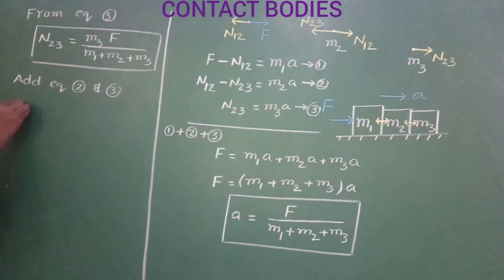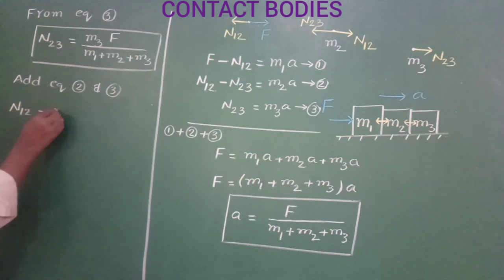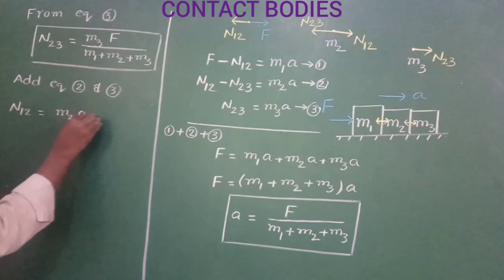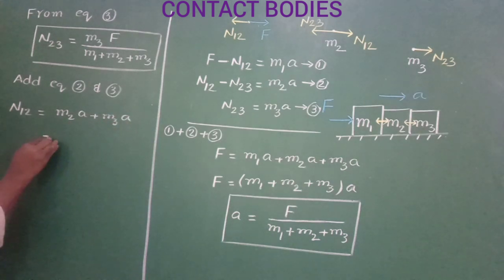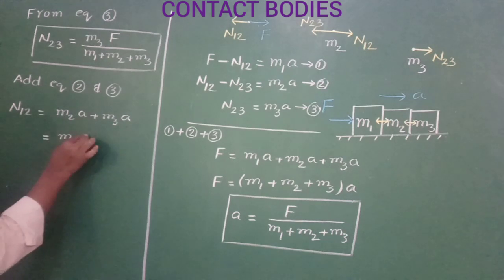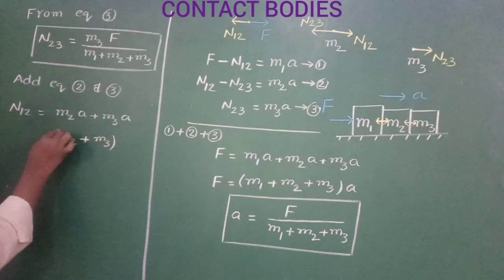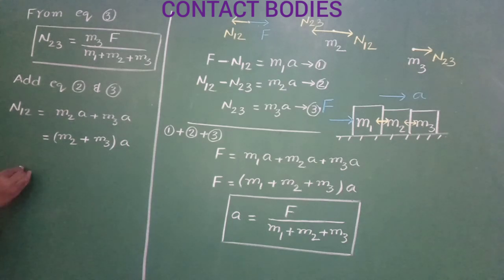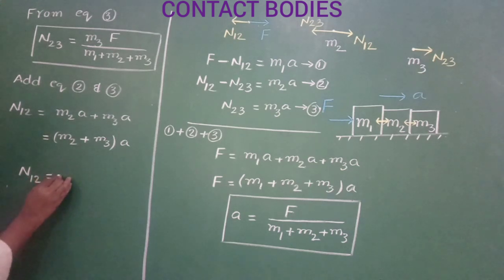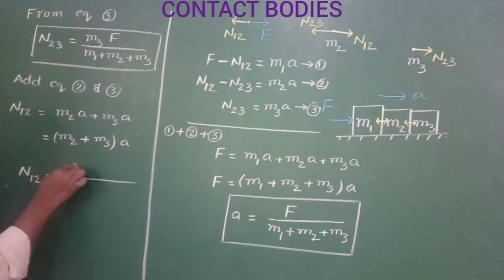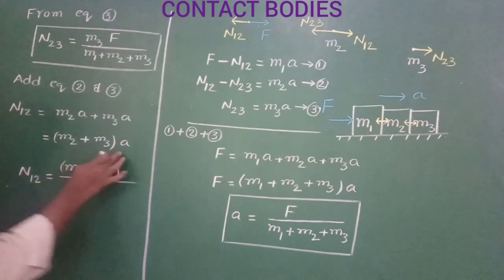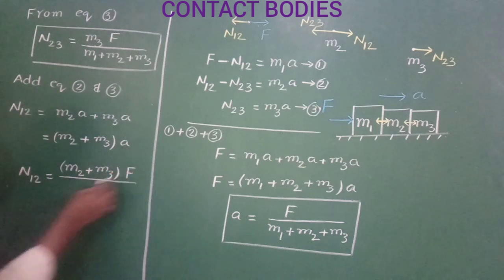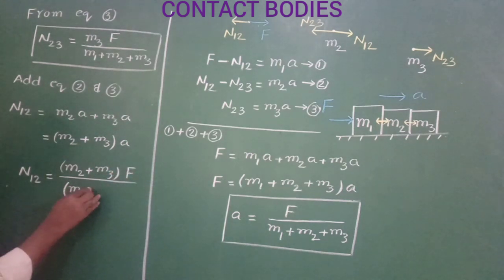From this we get N12 is equal to M2 into A plus M3 into A. Taking A common, we get (M2 plus M3) into A. Finally, N12, the normal reaction between 1 and 2, is equal to (M2 plus M3) into A, and we know A is F divided by (M1 plus M2 plus M3).